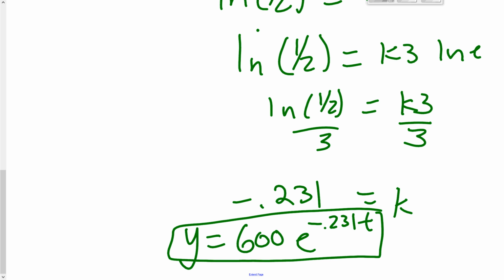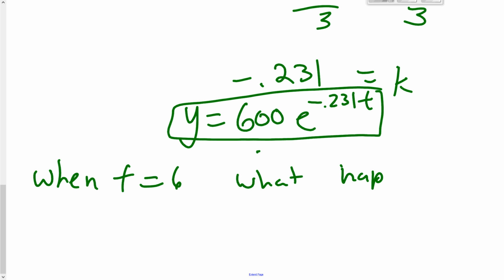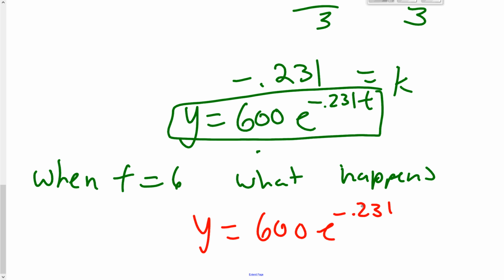Now we want to find out how much will be left after 6 years. So when t equals 6, how much do we have? Let's use the equation we just came up with, and our t is 6 this time.